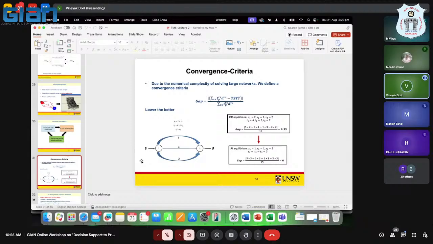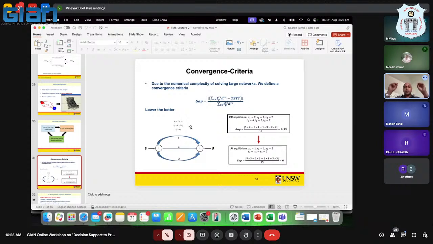So let's go back to the concept of an equilibrium. The concept of an equilibrium is that the travel time on all used paths should be the smallest, correct? So what we do is we take the total system travel time. We look at the travel times of all the vehicles in the network and add them up.